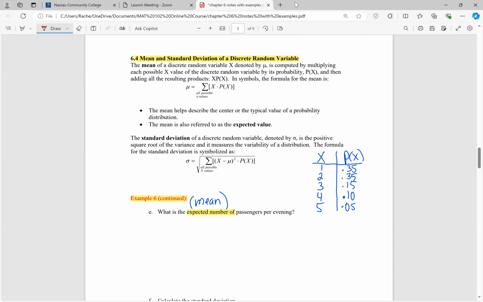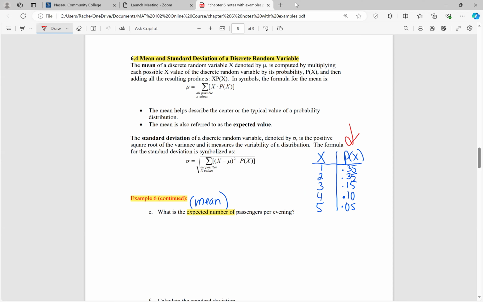So they're not all equally likely. It's much less likely that there's going to be 5 passengers per car than there is 1 passenger per car. So you can't ignore the probability column and just add up the values of x and divide by 5. It doesn't make any sense. You have to take into consideration the probability of each one as well.